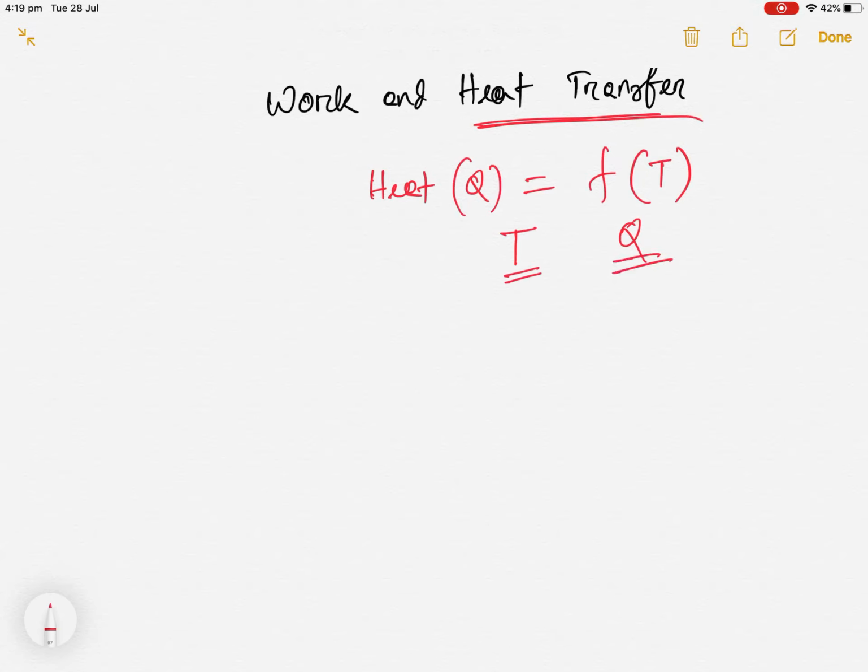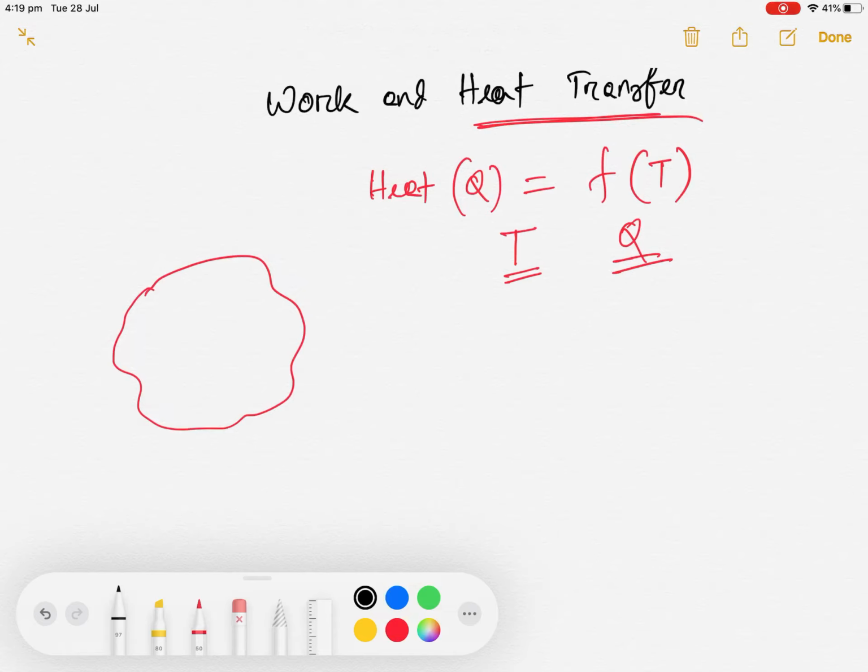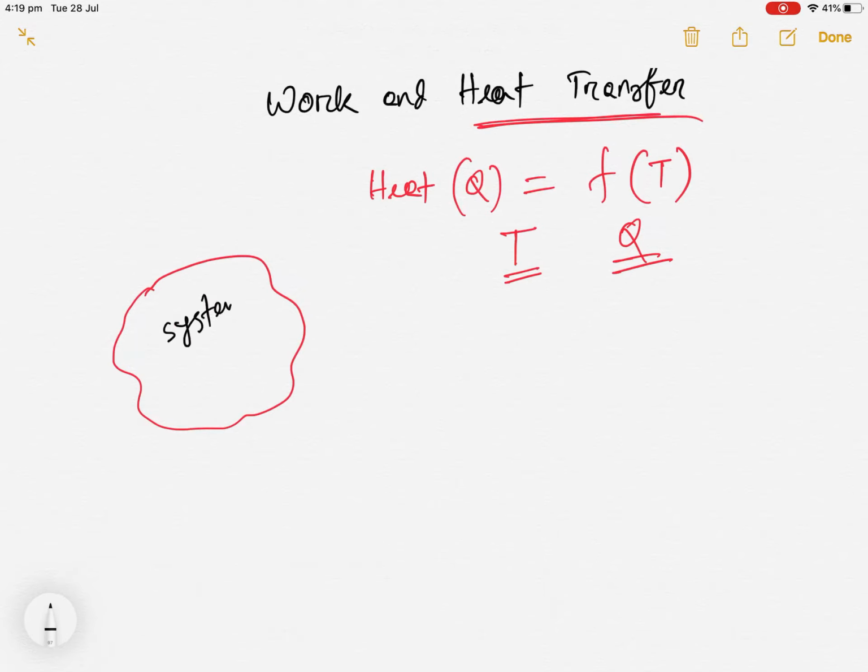So that's the general thing. We will discuss how heat and work transfer happen to the system and from the system. So if we think of a system like this, let's say this is a system, just for an example, and here we have surroundings. So this is our system and surroundings.